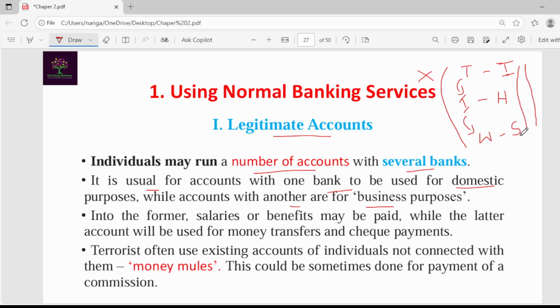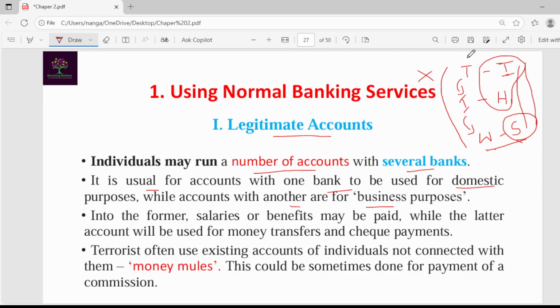But now this X is using only the SBI account. Almost all transactions he is doing in the SBI account only. He is not doing transactions, or he is doing very few, minimal transactions in these two accounts.